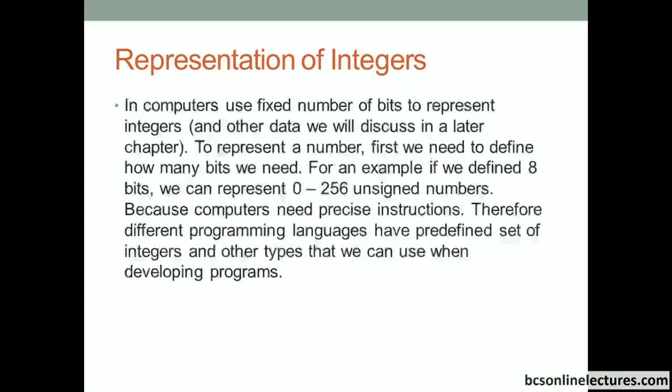So let's first discuss the representation of integers in computers, right? In computers, this is a basic theory: computers use a fixed number of bits to represent integers, right? All computers use a fixed number, 8-bit, 32-bit, or 8 byte, 32 byte, something like that.